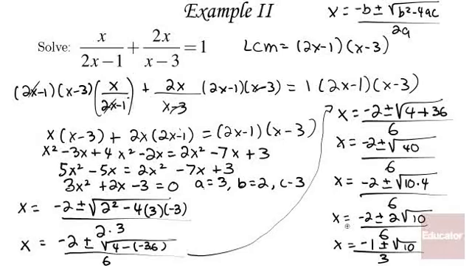So this is as simple as I can get this right now, but let's go back now and think about extraneous solutions. Recall that extraneous solutions are ones that would make the denominator 0. So if I'm thinking about extraneous solutions, I can say, okay, 2x minus 1 equals 0.